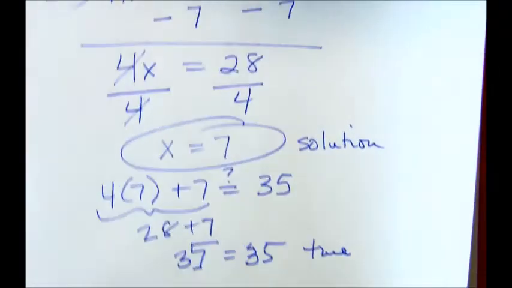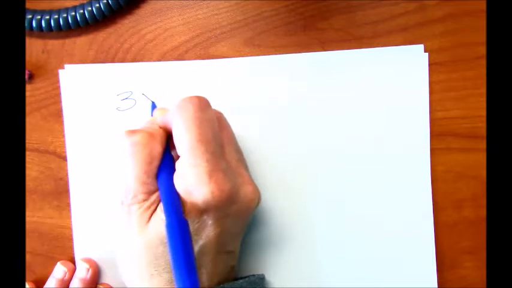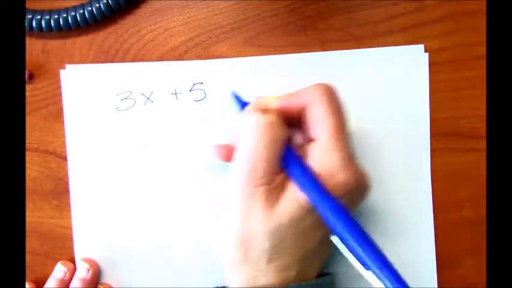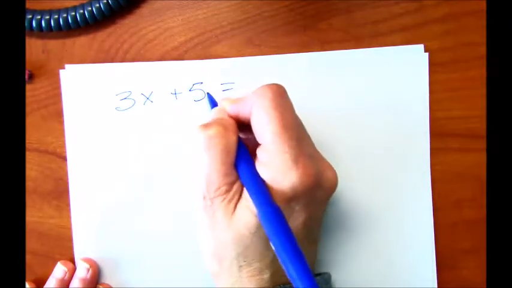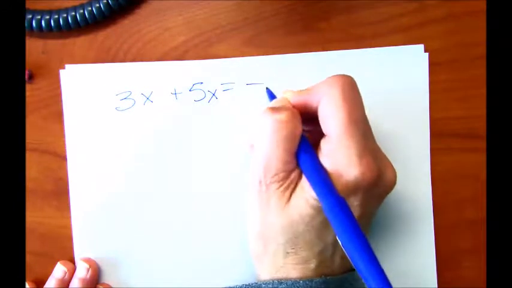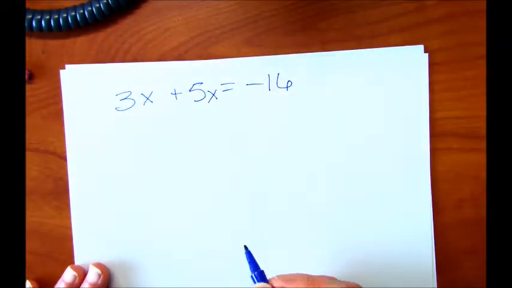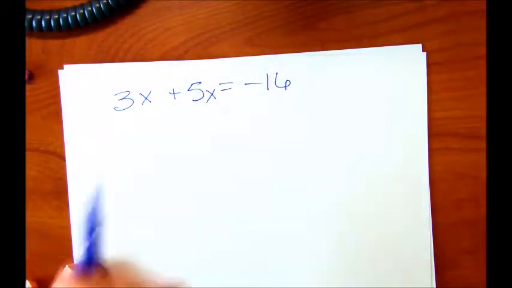Okay, let's do a couple more examples, and I'm going to zoom out so you can see a little better. Let's do one in which we're going to combine before we do any solving. So for instance, if we have 3x plus 5x equals negative 16, notice we've got 2 variables.